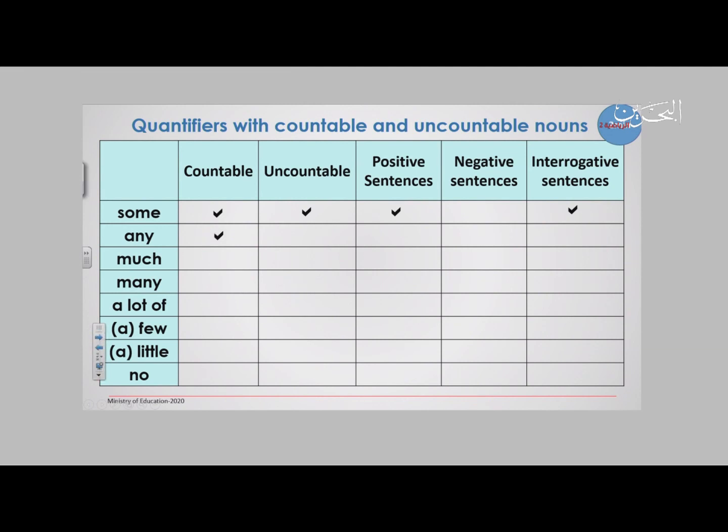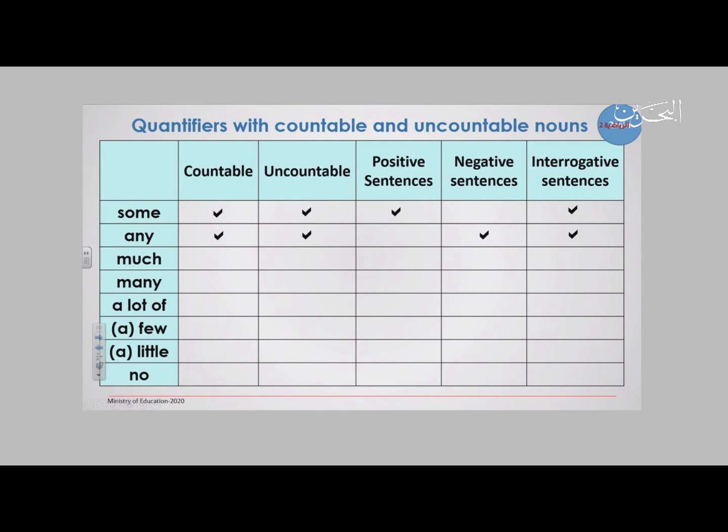Any, I can use it with countable. Is there any tomatoes? Uncountable, also I can use it in a question. Negative sentence. And interrogative sentence, which is the question.